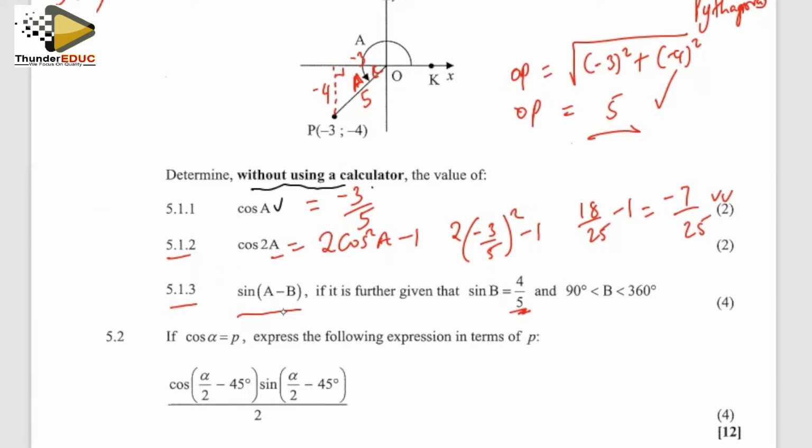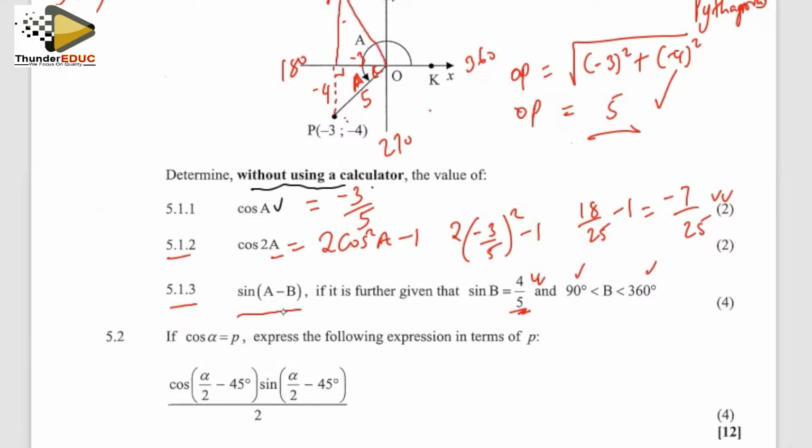Sine B is 4 over 5, but B is between 90 and 360. Because this is our 90, 180, 270, and then 360, we know that sine is positive just in the second quadrant. So I need to draw something like that.